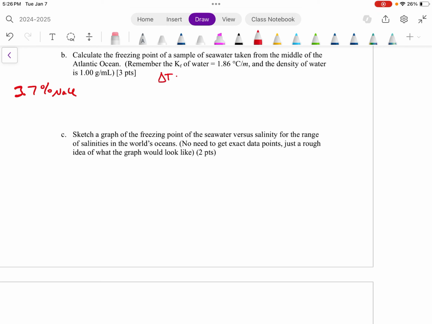If you remember our freezing point formula, right? It's based on the molality of the solution, which is moles of solute per kilogram of just the solvent. So if we want to do this in the most streamlined way possible, I'm going to say that we have 3.7 grams of salt and we have 96.3 grams of water.